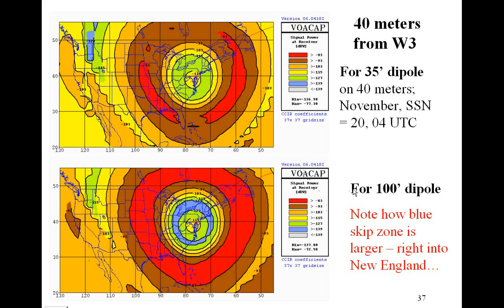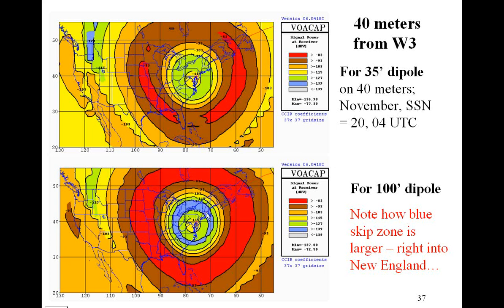Now, if you had, instead of a 35-foot high dipole, a 100-foot high dipole, you will notice how the blue skip zone, where the signal is degenerated down to S3 or more, becomes larger, and the coverage into New England and the Midwest actually deteriorates.